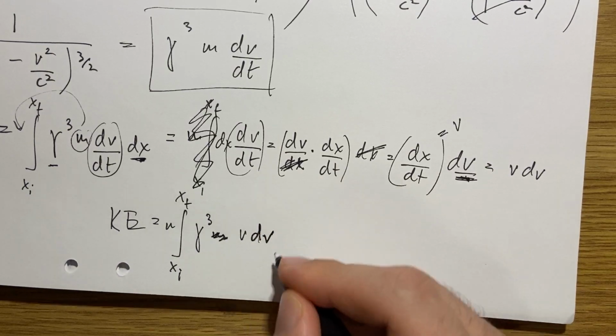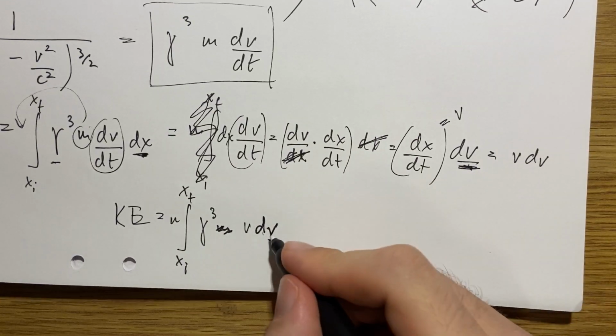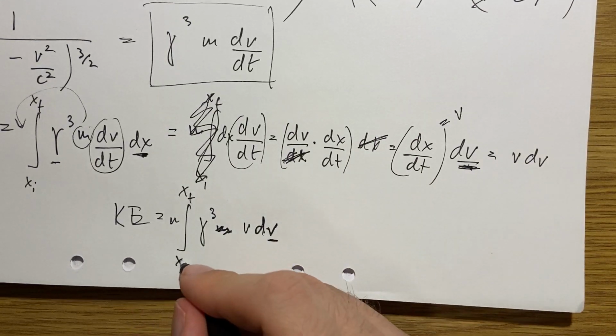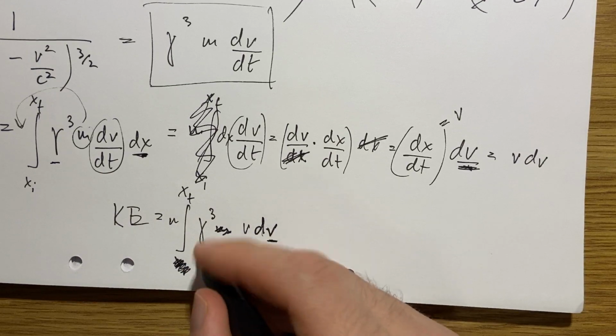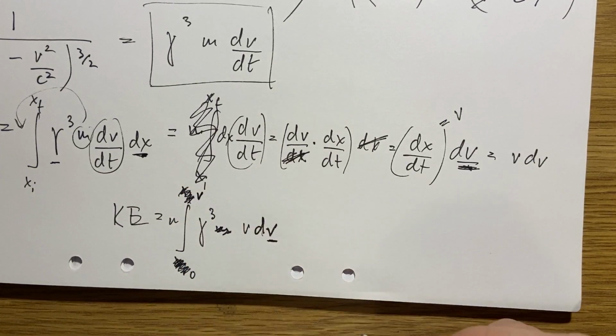But if we integrate with respect to v, then we also need to change the limits. So we change the limits from rest to some velocity v.